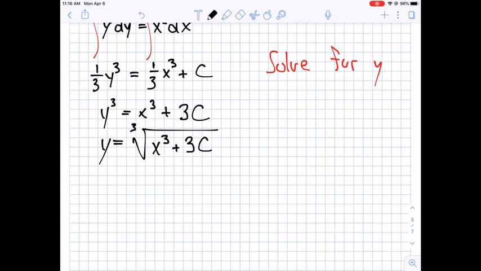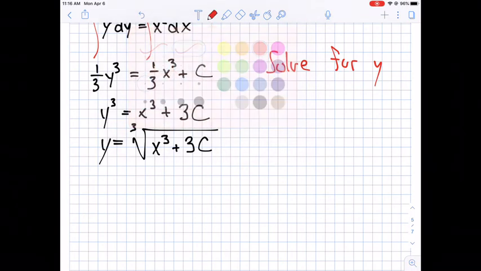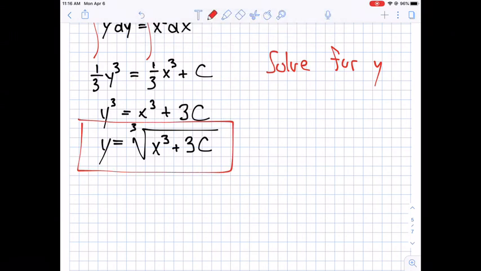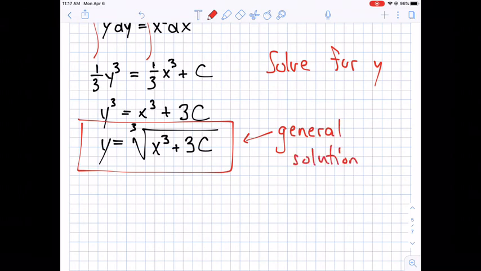And so this right here is actually y solved for as a function of x, and this is what we would now call our general solution. And that's our general solution to this differential equation.